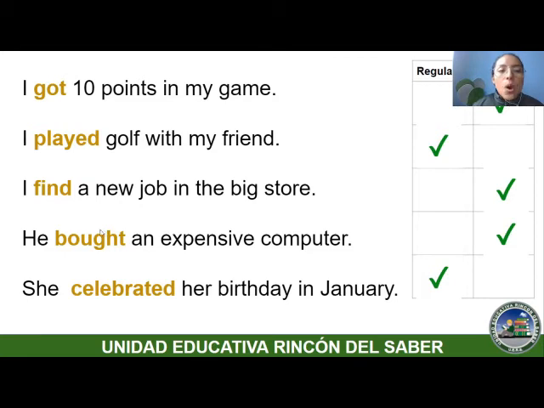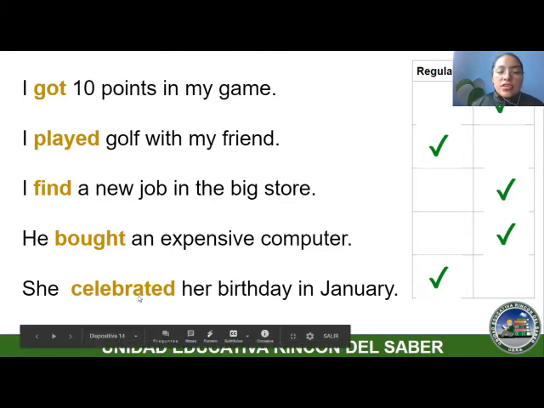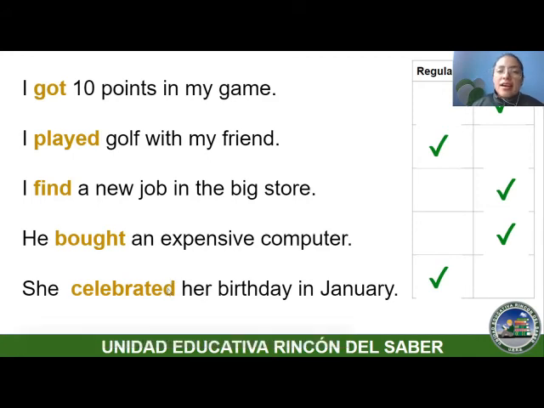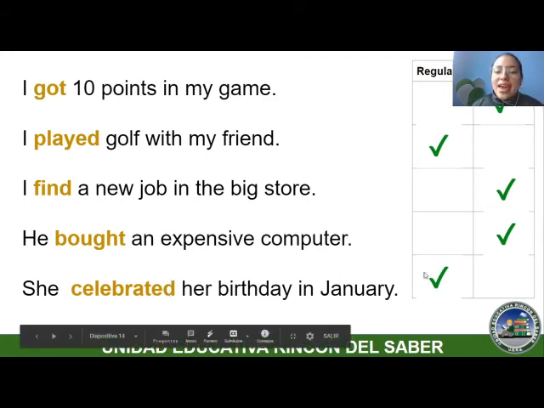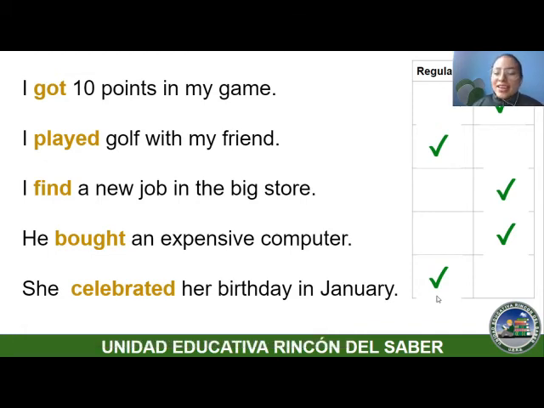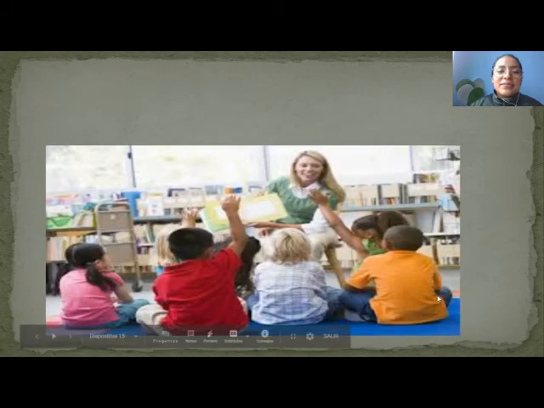In the case of bought, is an irregular verb. Es un verbo irregular. In present, buy. In past, bought. In past participle, bought. Celebrate with ed is a regular verb. Excellent. Are you correct? ¿Estamos bien? Okay, congratulations, my dear student.